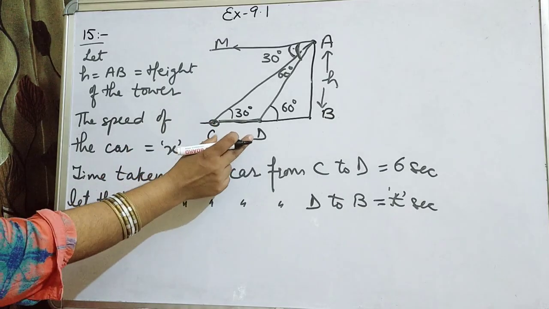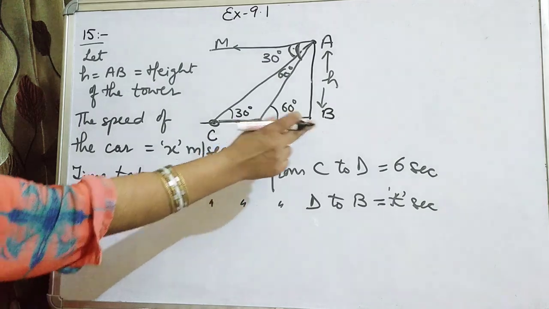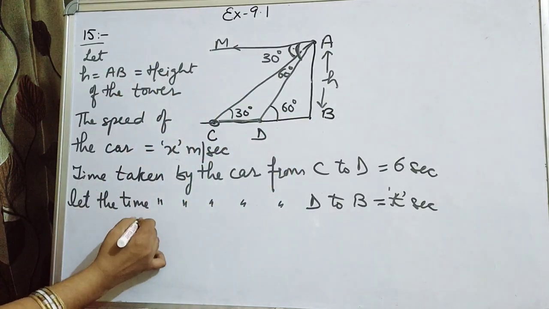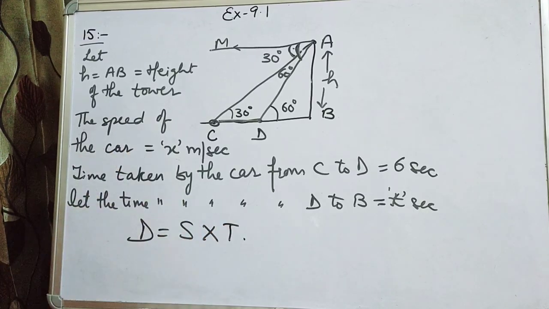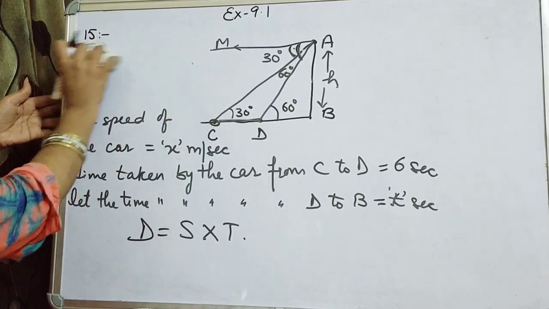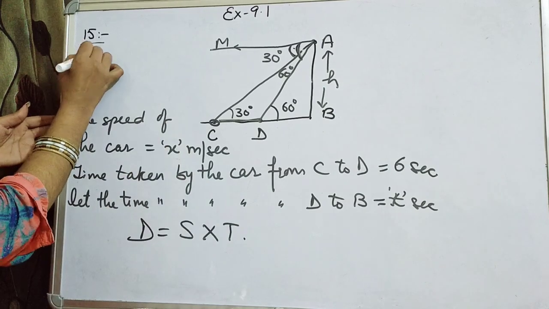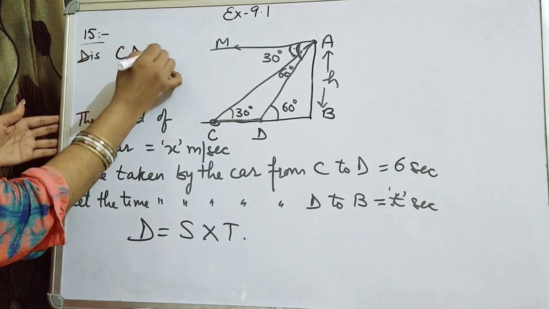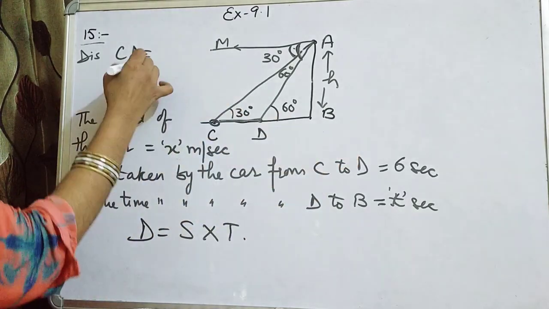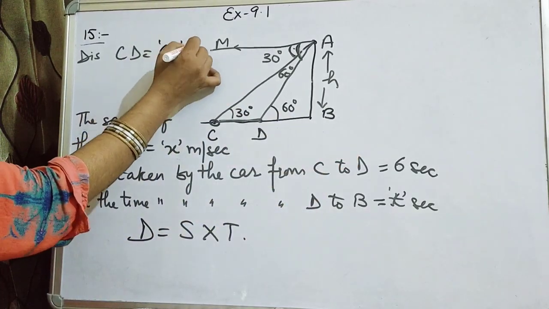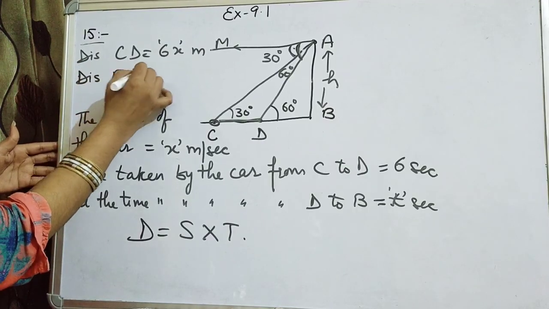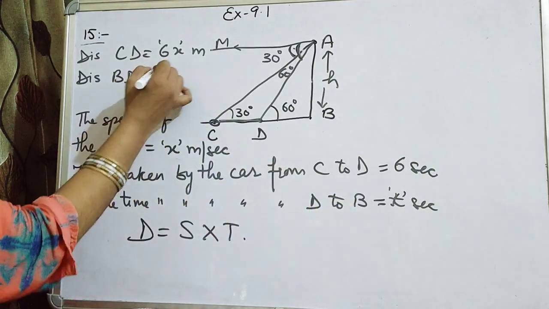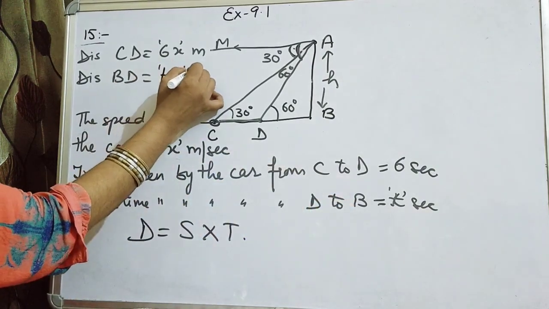Then we can find the distance traveled by the car from C to D and D to B, because we have the formula distance equals speed into time. So distance CD will be speed into time, that is 6X meters, and distance BD is again speed into time, that is TX meters.